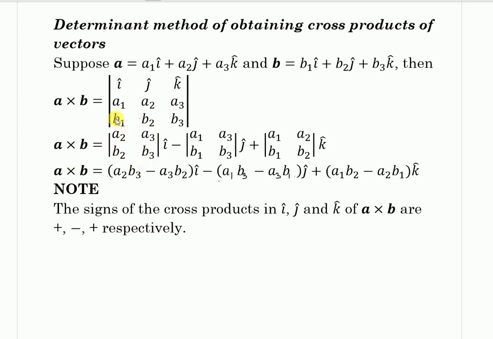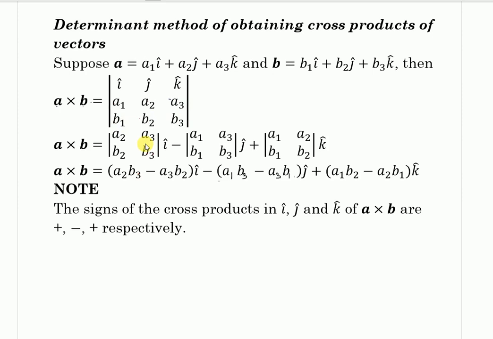A cross B, you have the i, the j, and the k. Then you write the components A1, A2, A3, and then B1, B2, B3. When you say A cross B, you should start with A up there, then B down. If you have B cross A, it will be B up and A down. So the components of A are aligned up there, and the components of B are aligned down.